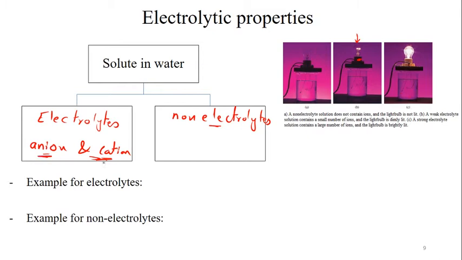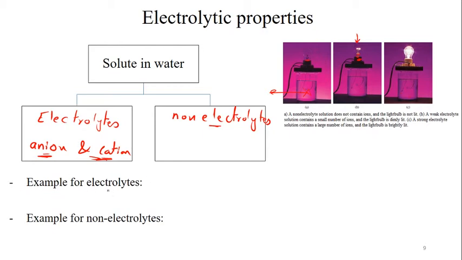The low number of anions and cations that can carry charge through the solution leads to a very limited flow of current. This is why the luminescence of this lamp is less. While if it doesn't dissociate at all, no dissociation happens, no flow of current will occur in that solution. This is why the lamp will not light at all.